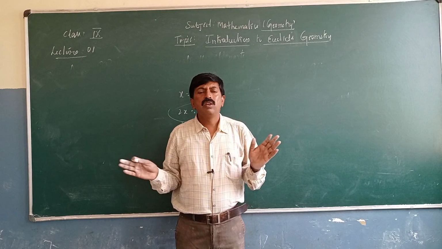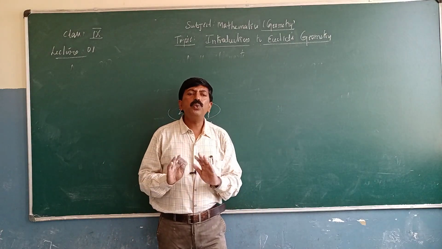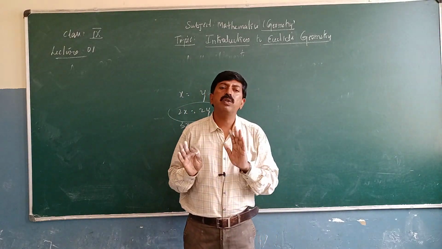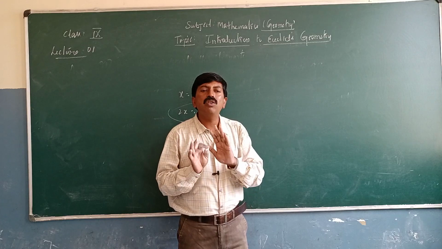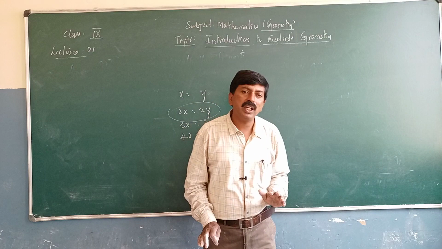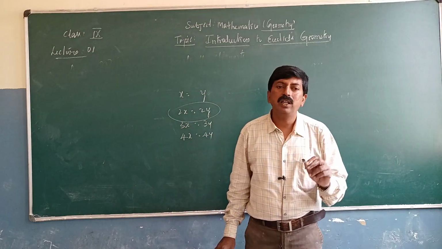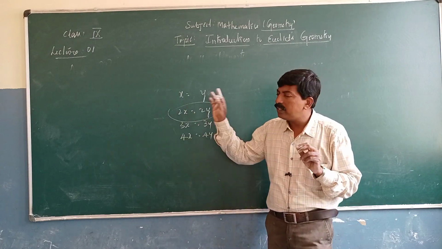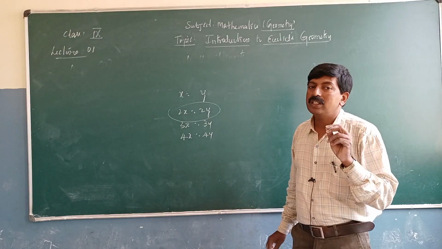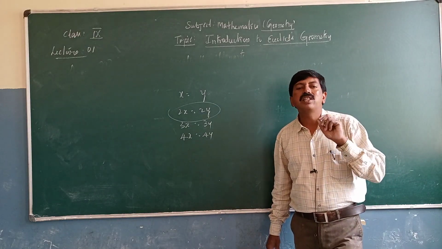All these mathematical statements are categorized in two ways: one is axioms, the other is postulates. You already know what an axiom is. An axiom is a mathematical statement that is accepted. For every statement, we have to give proof as well as discuss it.